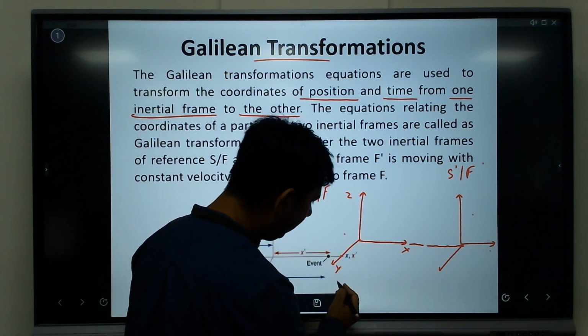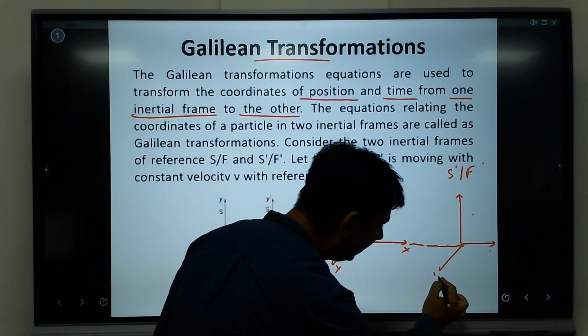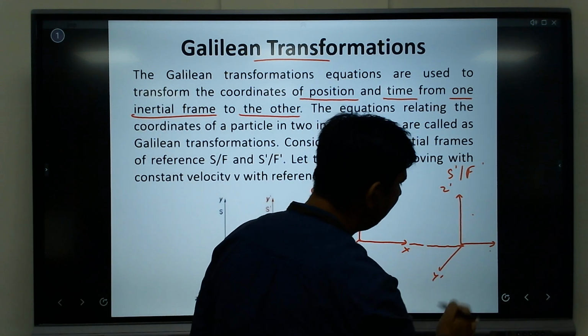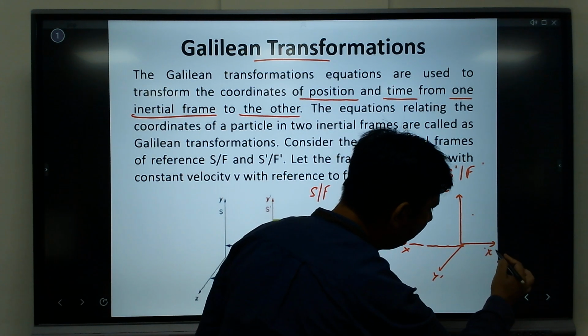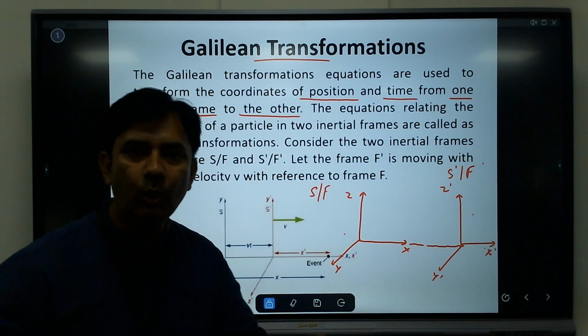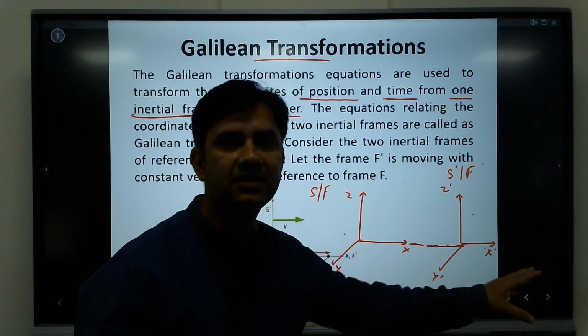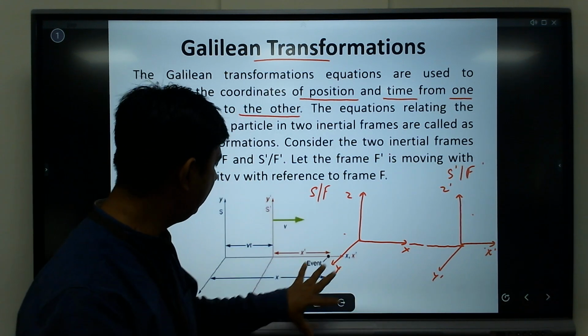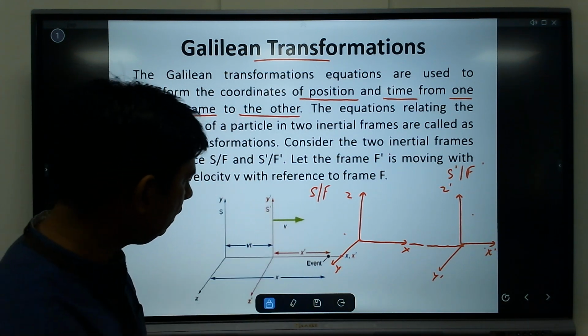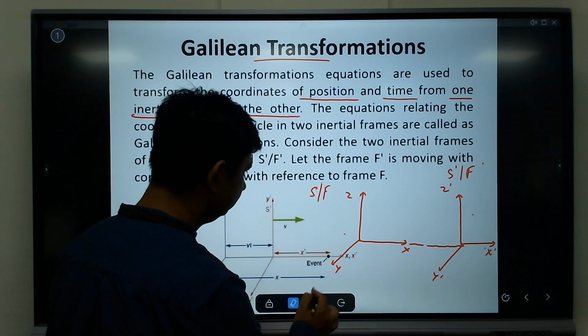That means all the components on y or on z will remain the same, but what is changing is my x direction. So this is what we have explained over here. So we'll see from here.